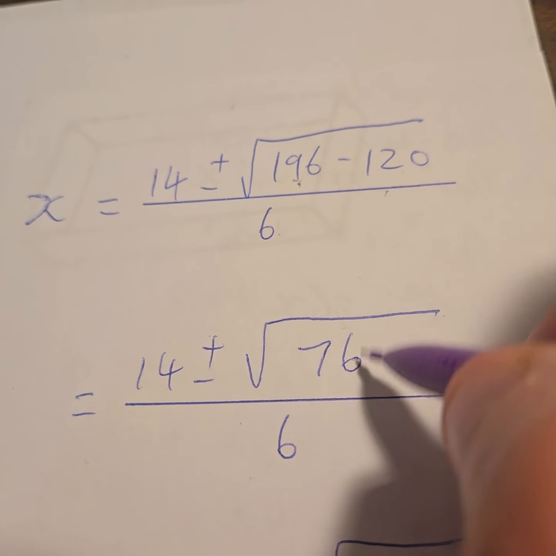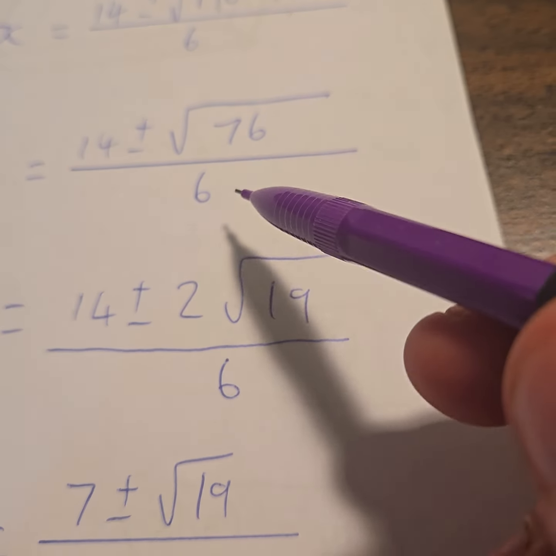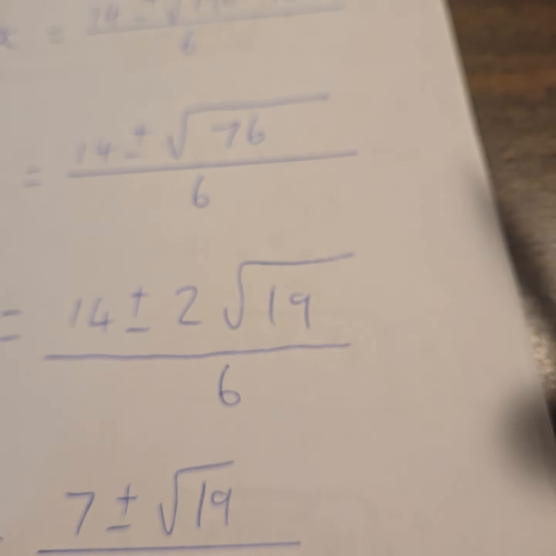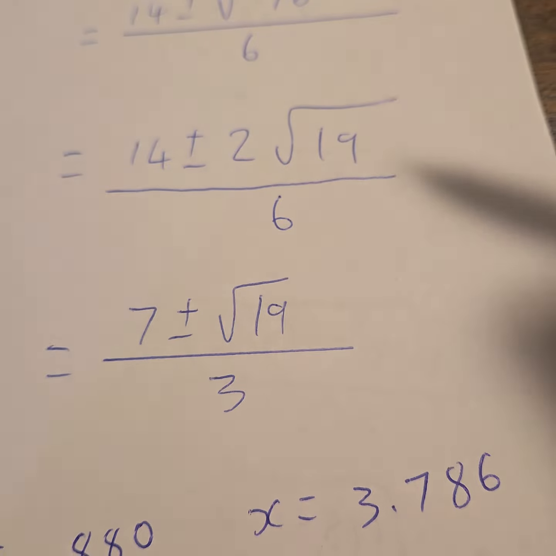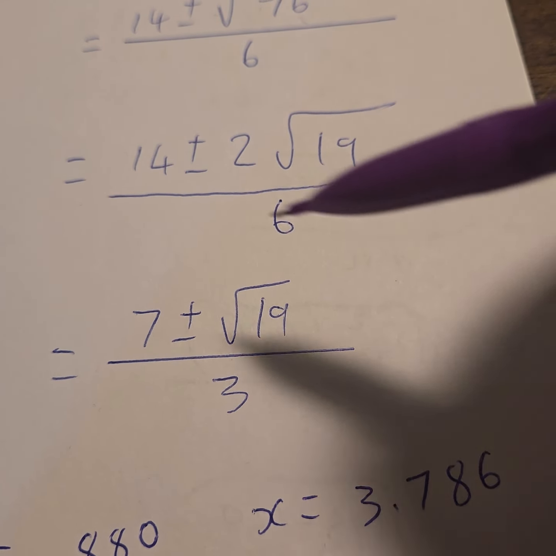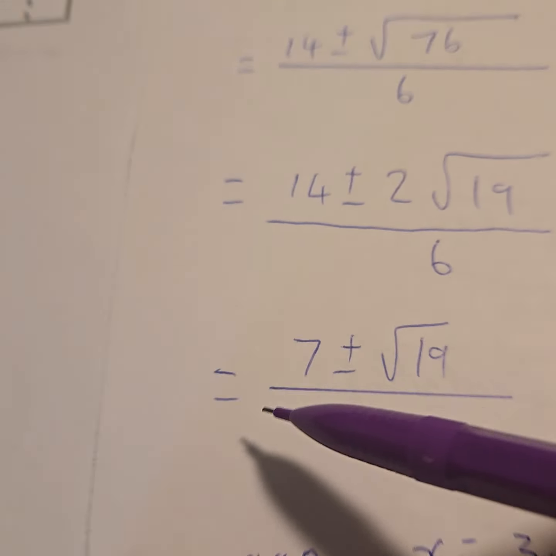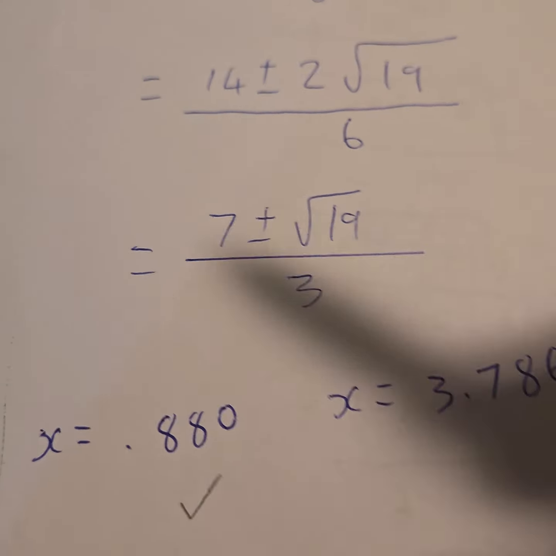When we simplify, 196 minus 120 is 76. And 76 is 4 times 19. A 4 inside the root sign is like 2 outside the root sign. And we're left with 14 plus or minus 2 times root 19 over 6. We can divide each term by 2. And this is the value of x, 7 plus or minus root 19 divided by 3.